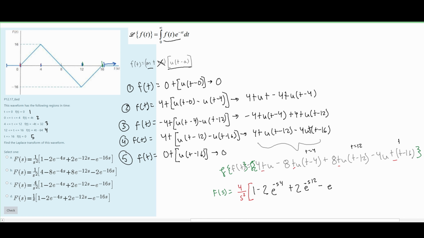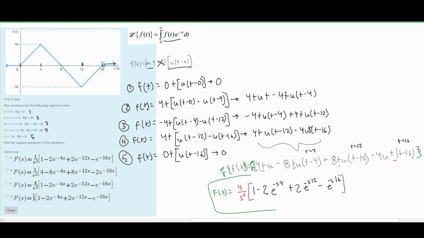We have t is equal to 16 here, because t minus 16, move it over, t is equal to 16, so minus e to the minus s up top, and then we're going to have our 16. So that is going to be the Laplace transform of our equation.